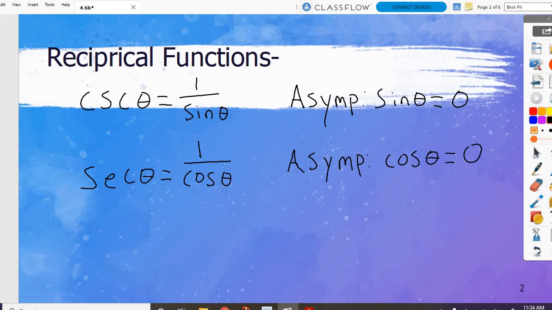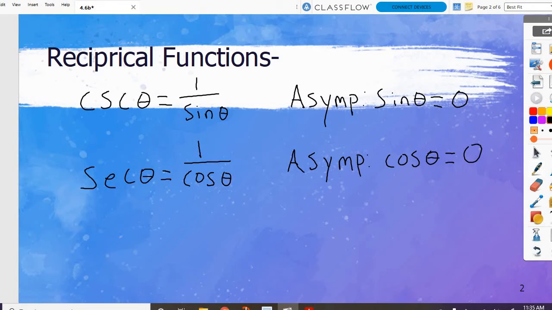So, because our graphs are going to be so closely related to sine and cosine, instead of trying to memorize another parent graph, we're going to graph our sine and our cosine graphs first, and then basically look at, okay, where do these graphs equal 0? And then we'll basically turn that into our secant and our cosecant graph.